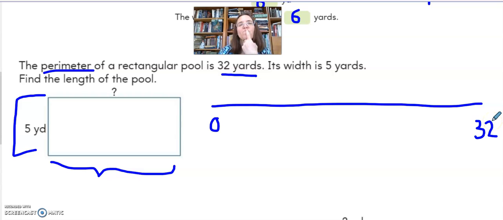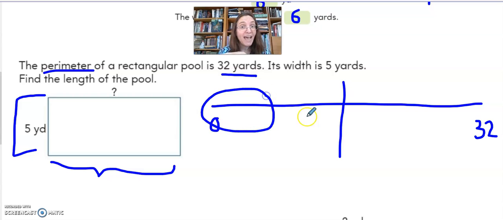Now, how do I want to approach this? They told me last time that first I should cut it in half, and then I should take away the part of the half that I know. Let's try that. So half of 32, 32 divided by 2, that would equal 16.